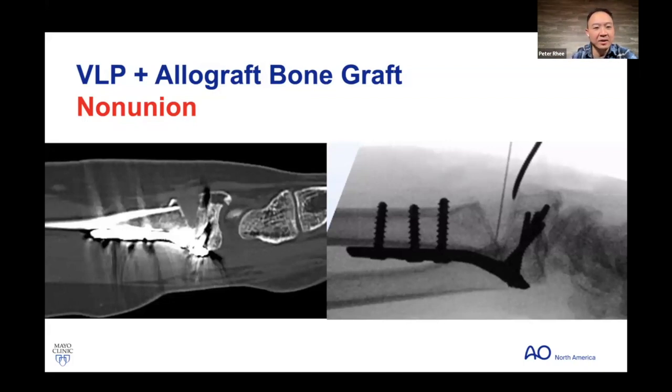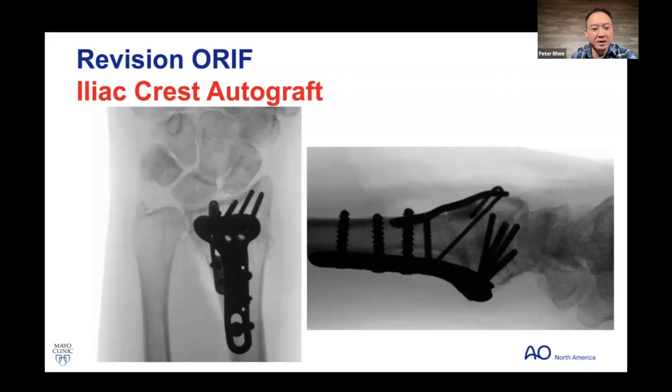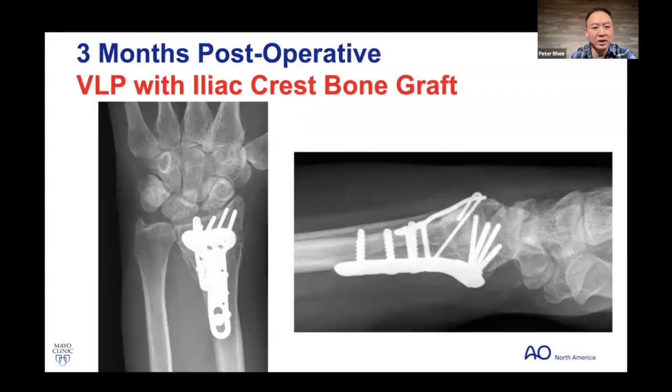We decided to go ahead and revise this. So at this point, I put an iliac crest wedge of bone that I whittled apart, and I left all that volar fixation the way it is and just put this buttress plate to hold it in there. And then at 3 months, she was clearly healed.